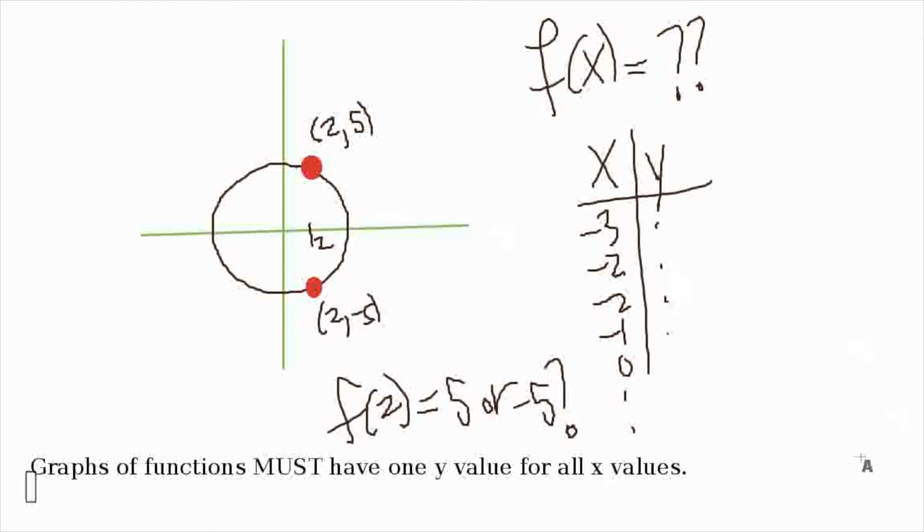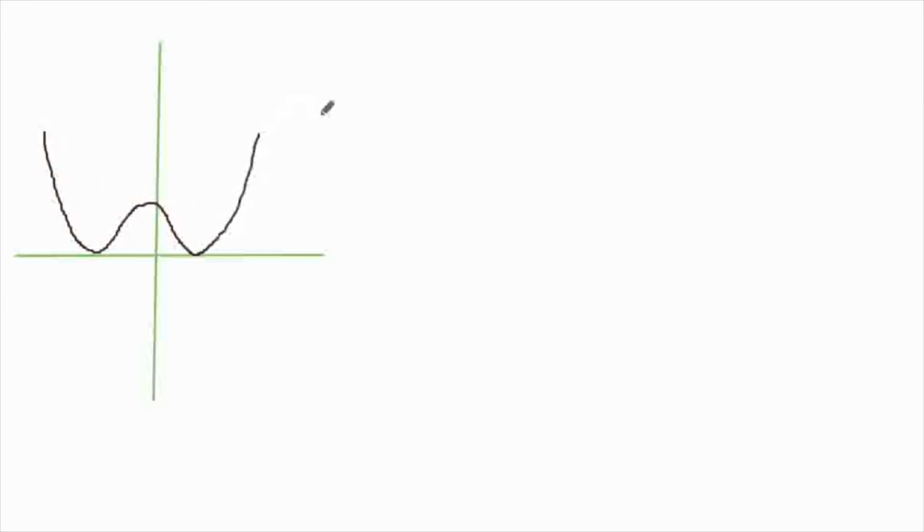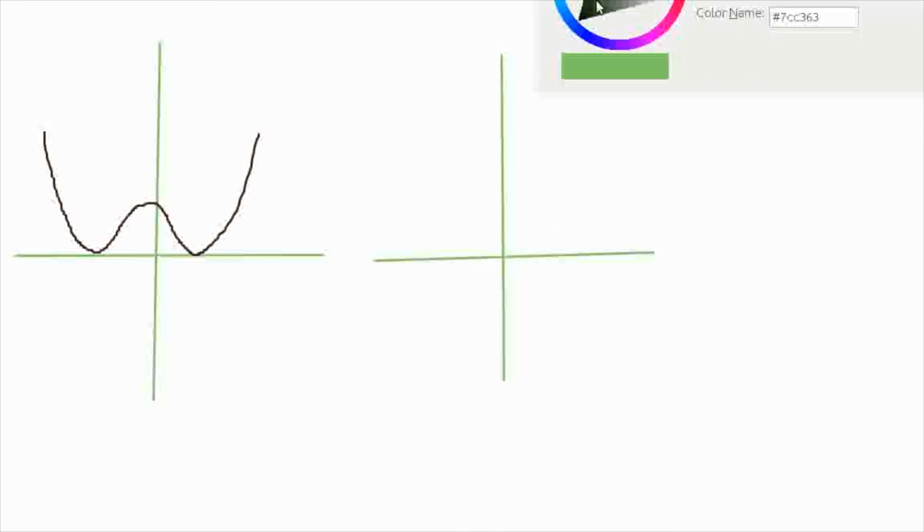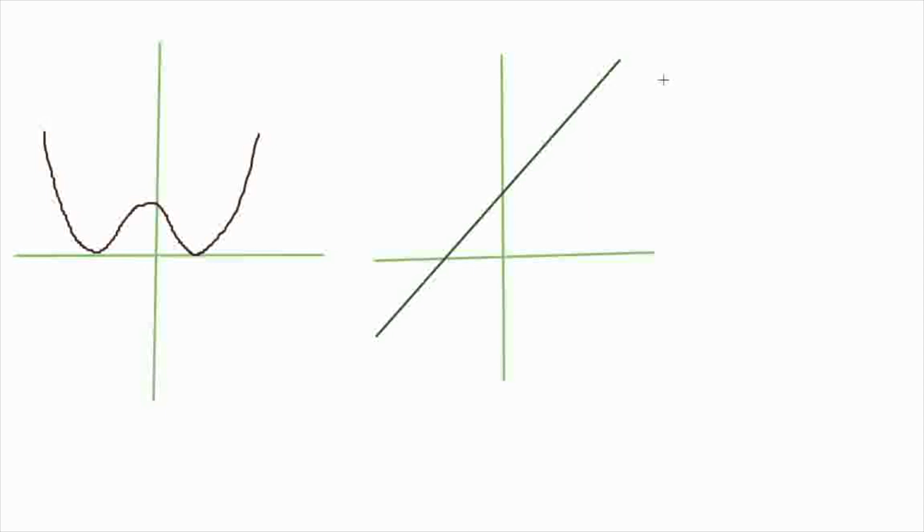Now, if a graph can be the graph of a function, you're not going to see points on top of the other ones. So for example, this curve could be a function. Likewise, a line like this could be a function.